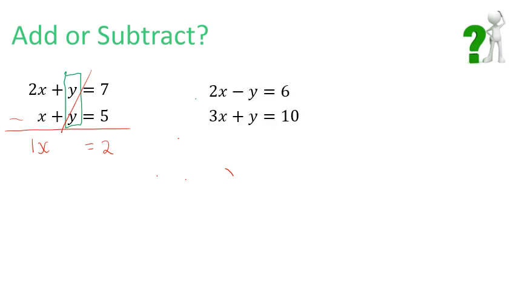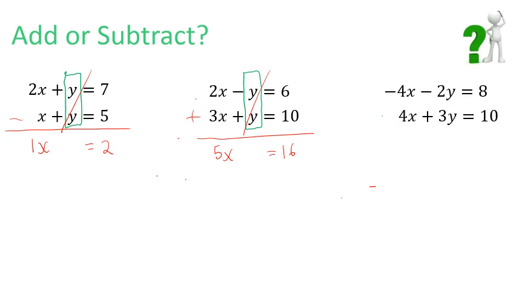All right, next example. All right, so my matching variables here, these two, they're both the same. So let's try adding. 2x and 3x, 5x, negative y plus y. Yep, that cancels out to be 0. 6 plus 10, 16.